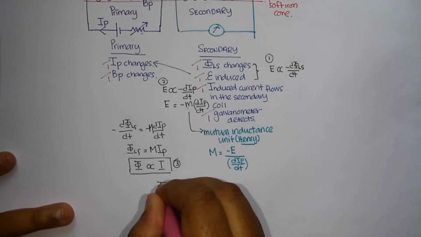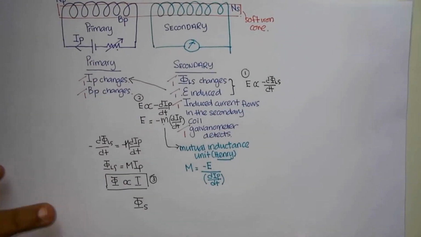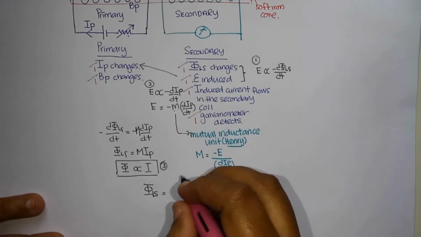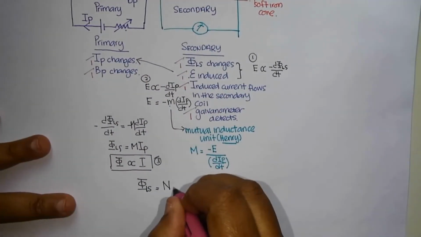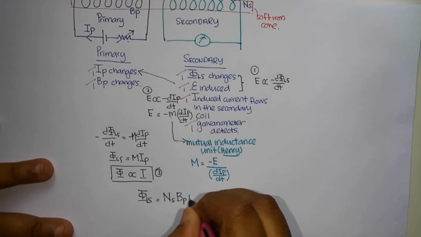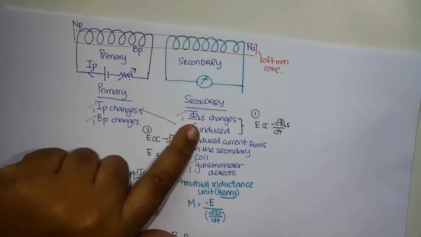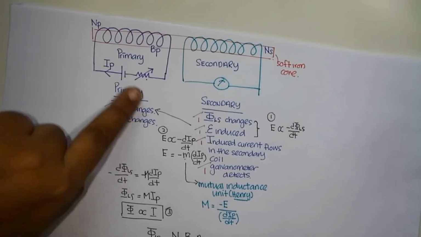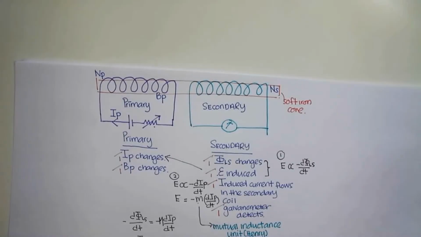The magnetic flux linkage in the secondary coil, which is ΦS, is equal to NS BP A. Now why BP? It is because the changes in the magnetic flux linkage are due to the changes of B in the primary coil. So that's why I put BP, A. The area is the same for both.